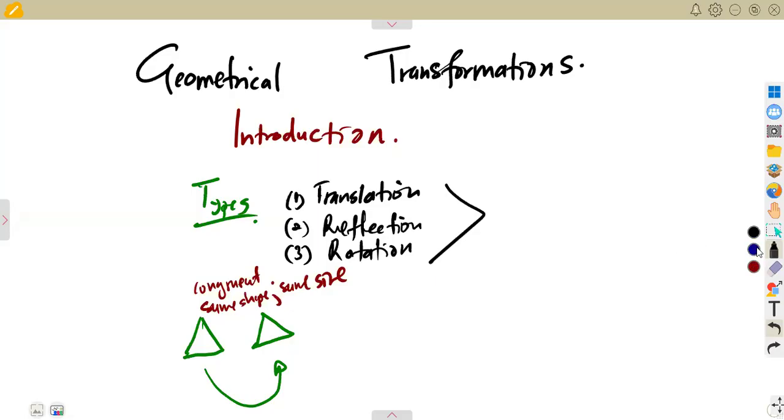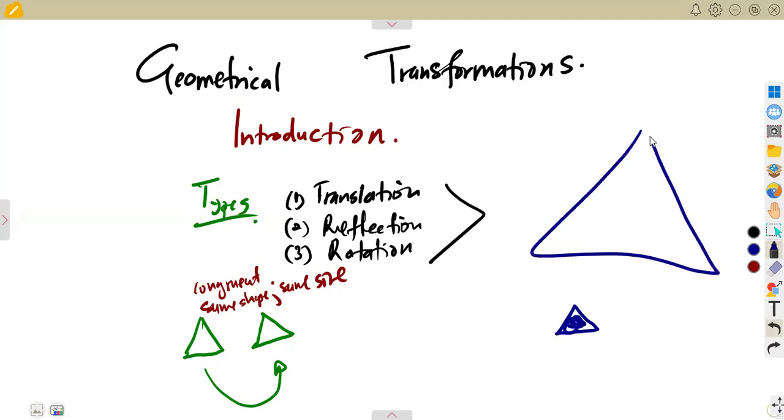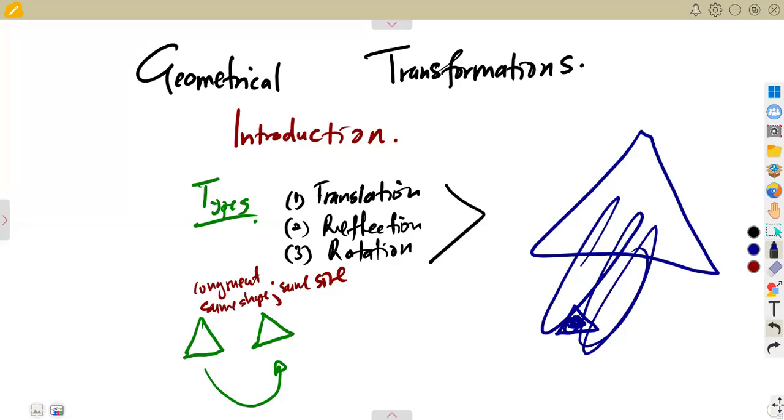But just to think that, okay, I'm thinking that this is a translation. You cannot consider that when the object is like this, then the image is like this. You cannot think of a translation, a reflection, or a rotation there. You can't relate to this. Why?